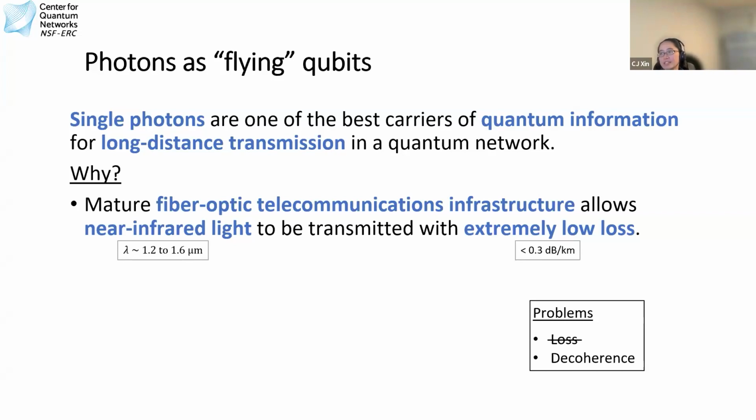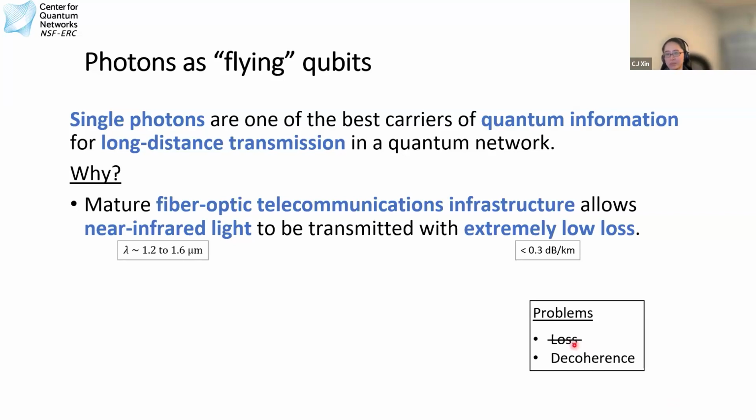This is maybe a high number, but it's 0.3 dB per kilometer. That basically means you're losing 3 dB per 10 kilometers, which means you're losing half of your light's power every 10 kilometers, which is pretty good, although 10 kilometers doesn't really get you very far, depending on where you are.